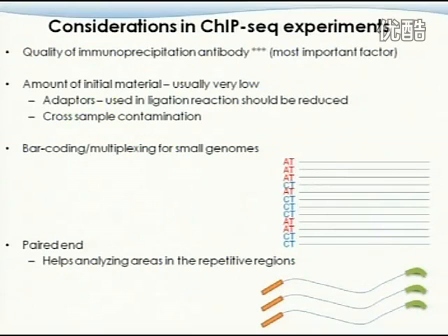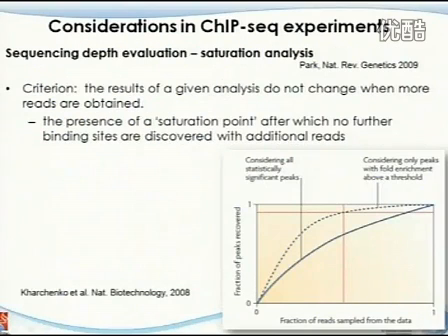But if you work on DNA methylation or histone modification, especially those histone marks in heterochromatin, there are a lot of repetitive elements that will be fished out. So if you do paired-end, that potentially will help you a lot when you do the analysis. Okay? So this is the first batch of considerations you need to think through before you do the experiment: the quality of antibody, the initial material, barcoding, and paired-end.